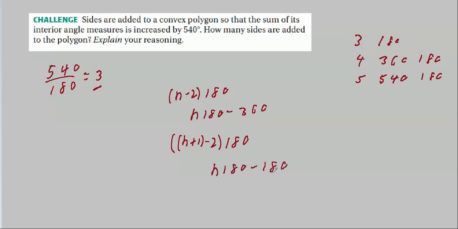Here I subtracted 360. Now I subtract 180, which means if I subtract this one from this one, I get 180. I've added 180 degrees by adding one side here. You could look at it either way.